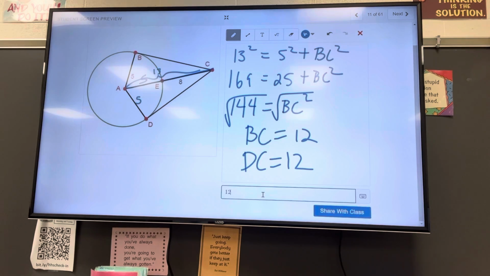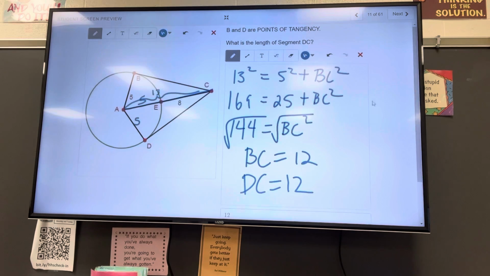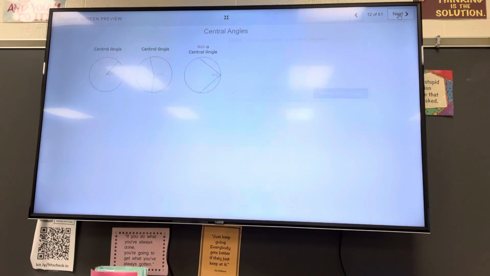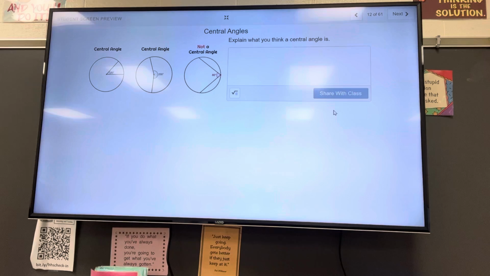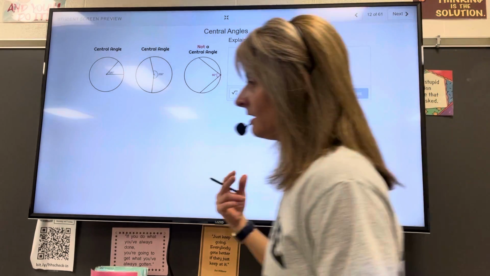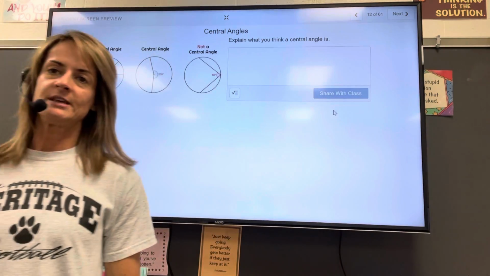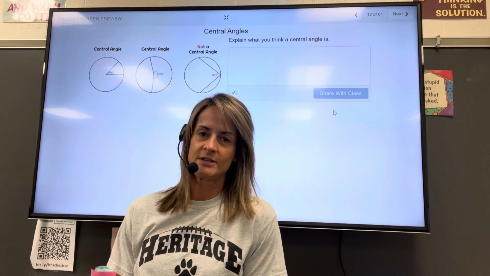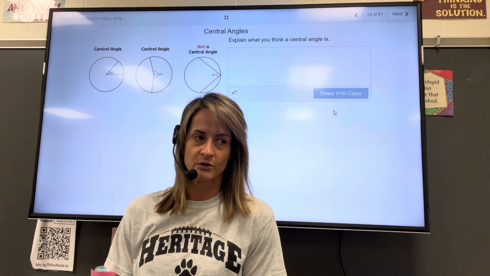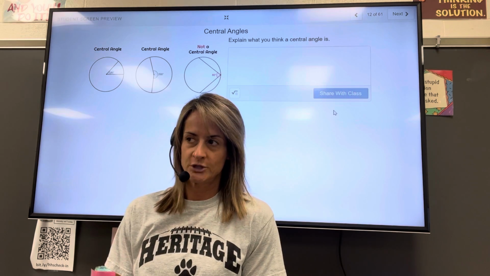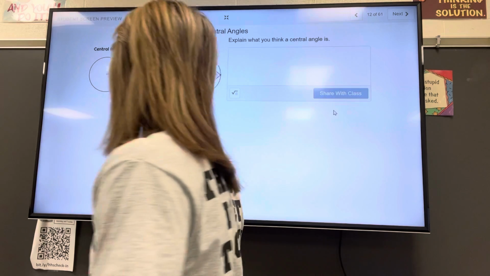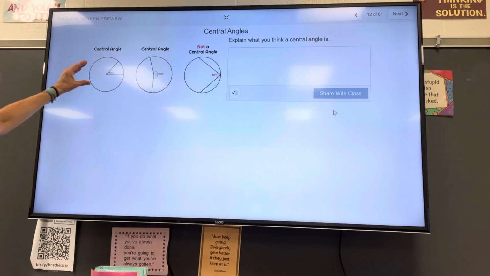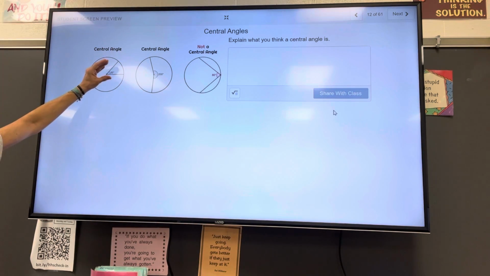And you could type that in there, but some of the stuff in these slides is not as important. We're moving on. Central angles. There are two important types of angles that we are going to learn about. The first one is called a central angle. It has a vertex in the center of the circle. Central means center. So we've got an example of a central angle right here, 50 degrees.